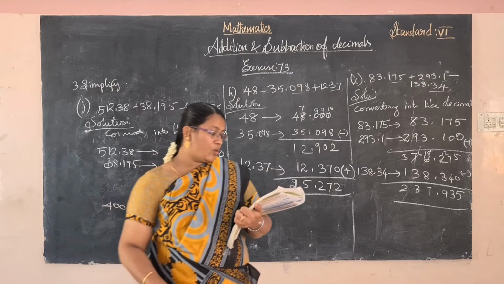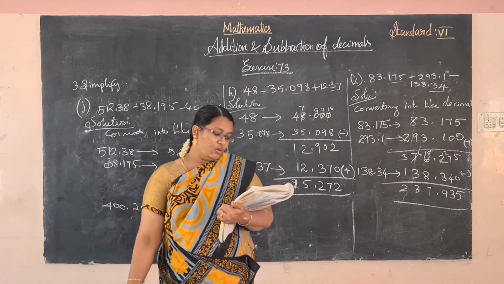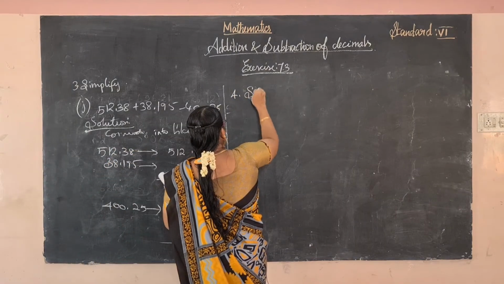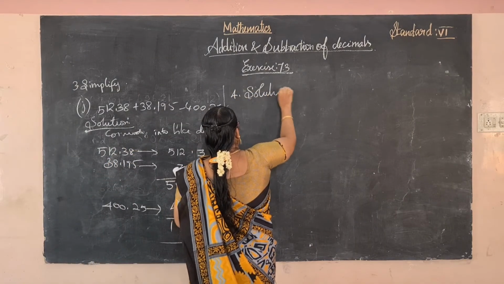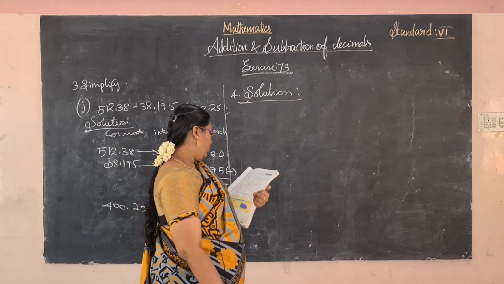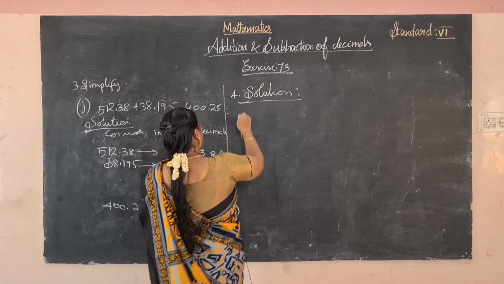Now move to the word problems. The fourth one: what should be added to 4.475 to get 10? What should be added to 4.475 to get 10?